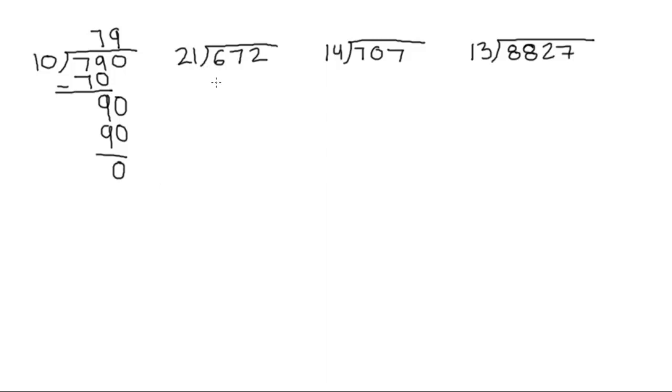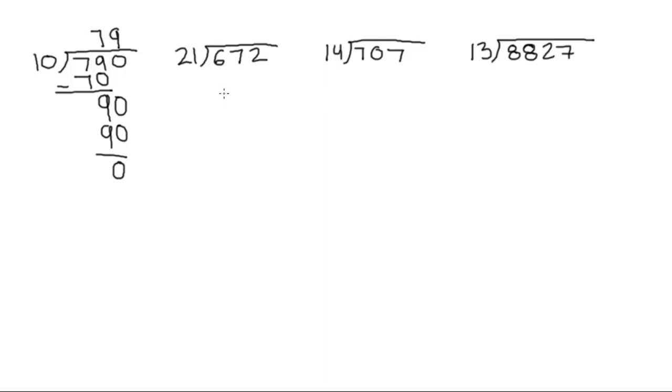The next one, 672 divided by 21. This is where it gets a little bit more difficult, because your brain probably can't immediately call up the multiples of 21. So you're going to have to add and add and add. And 21 times itself is 42. You add another 21 to that, so this would be your third iteration, or third 21 that you're grouping together, and you get 63.